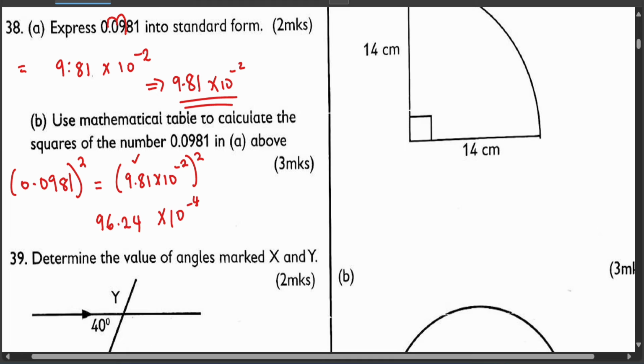Now, if you multiply by 10 to the power of -4, the decimal will go backwards 1, 2, 3, 4, and therefore your answer will be 0.009624. So that is your final answer. Okay, up to there. I think we are alert. Okay, let's continue.